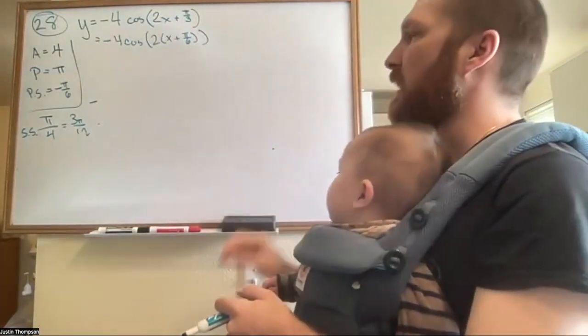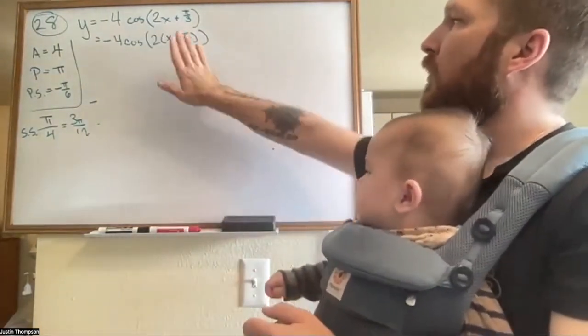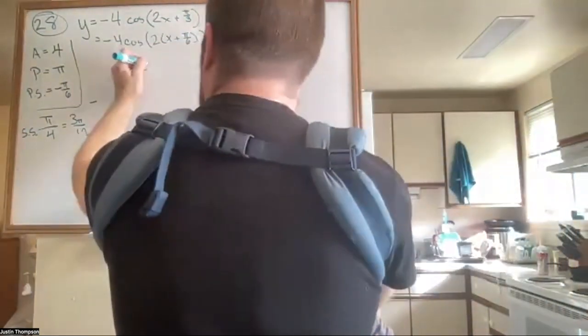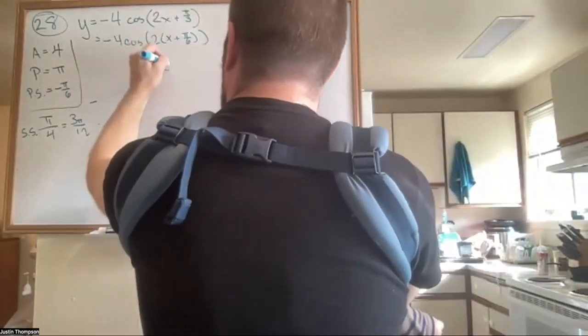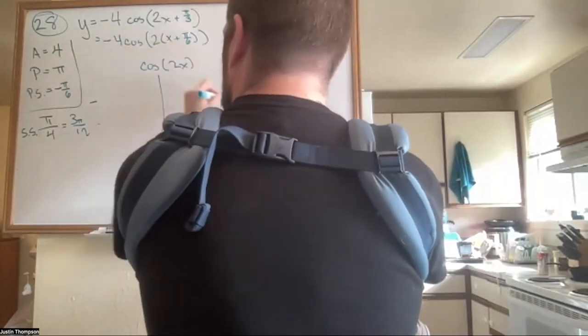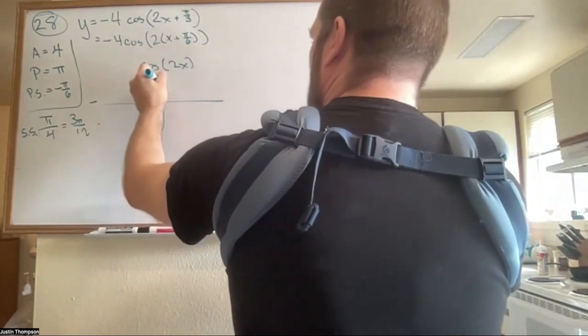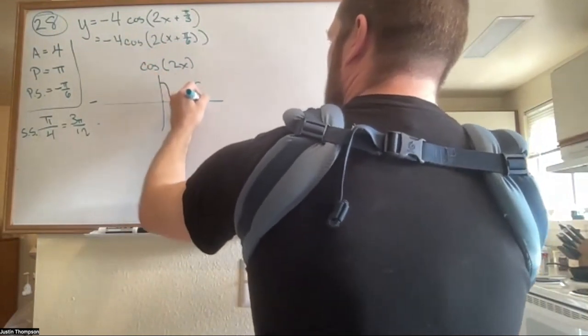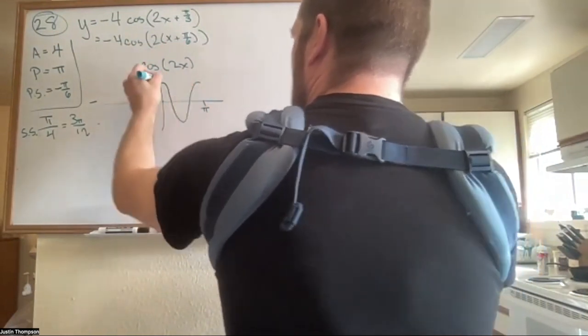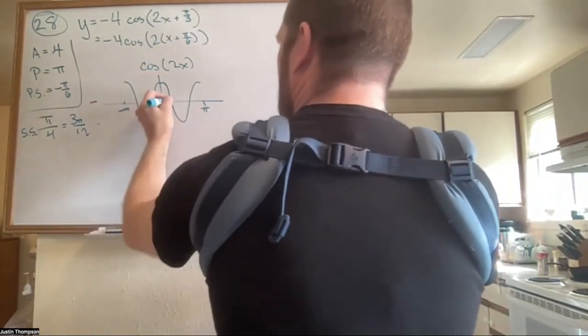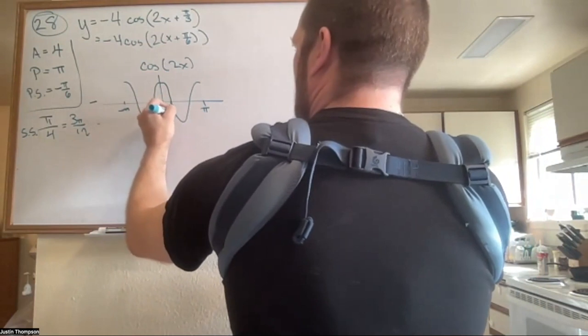And I would say, well, you know what? Why don't we start with cosine 2x and see what it looks like? Cosine of 2x squishes everybody by a factor of 2, and cosine comes up. And so it goes up to pi, down to -pi. This is pi over 4.